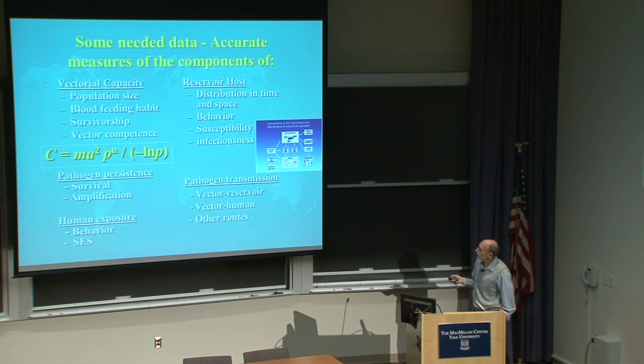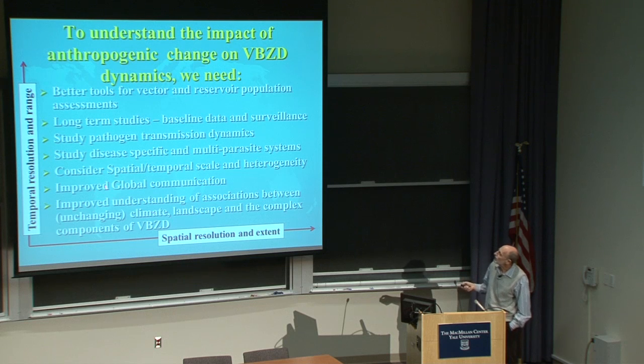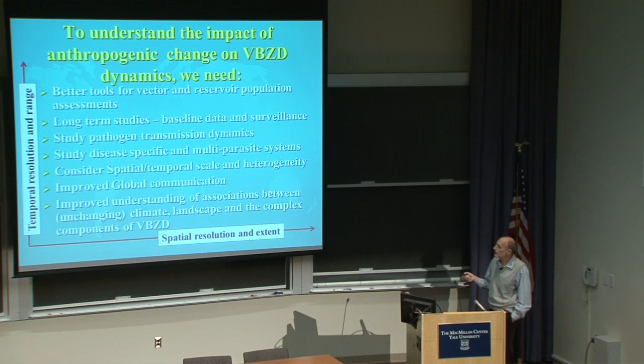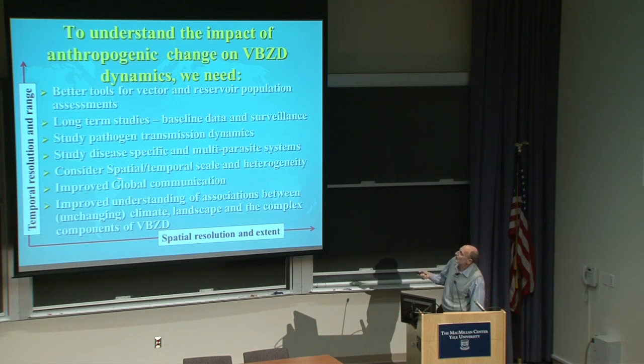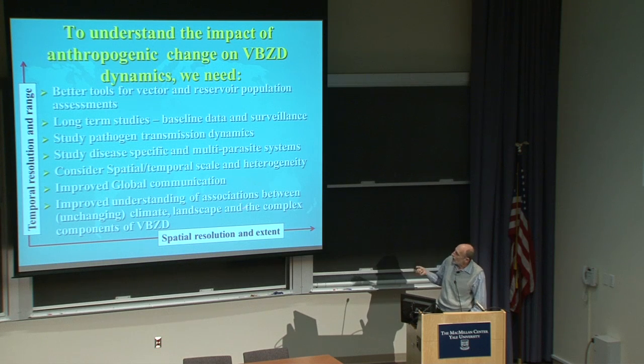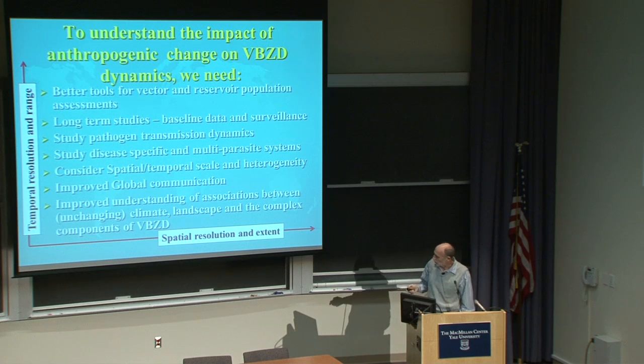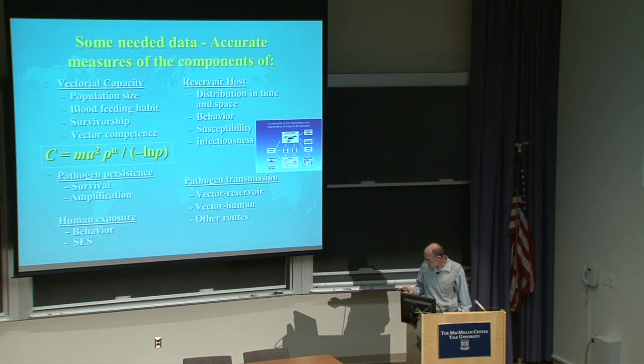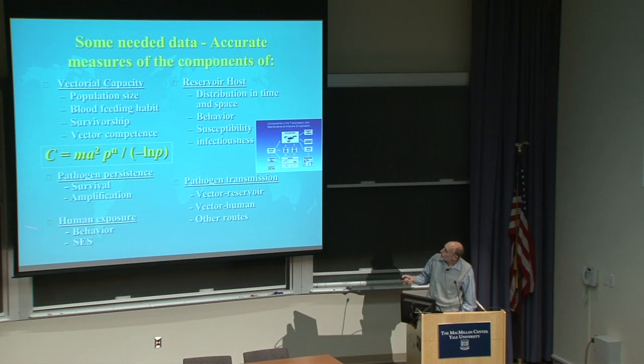We need to consider the spatial and temporal scale heterogeneity. We need to do better, that's obvious. And in general, I think we have to better understand the changing associations between climate, landscape, weather, and the complex components of vector-borne zoonotic diseases. Two people already showed the vectorial capacity, but that's one example.